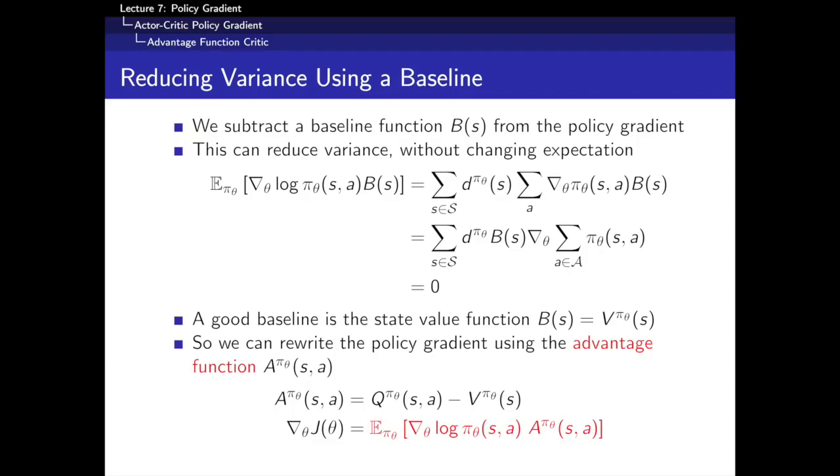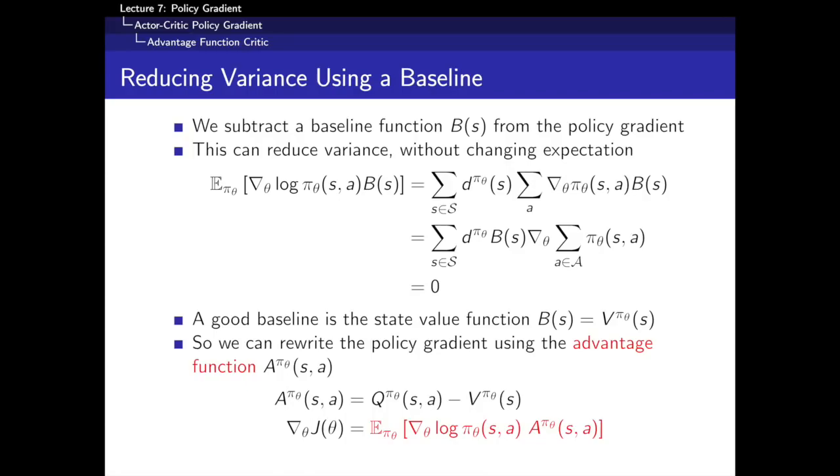So what that means is, if I go back, this was our policy gradient theorem, and our policy gradient theorem told us that the direction we really want to move is this score function multiplied by q.